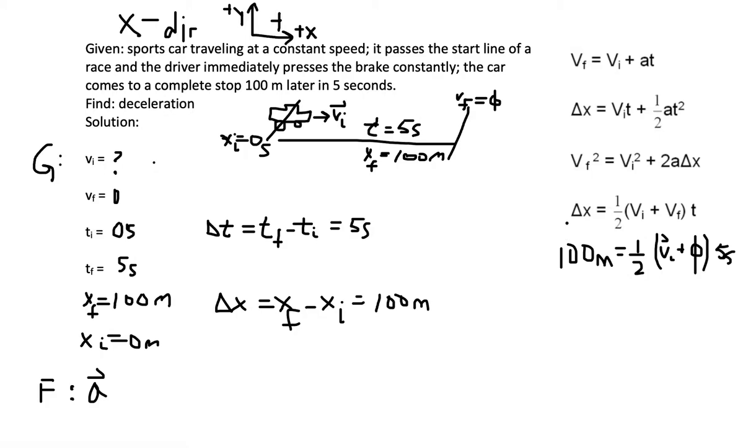We need to multiply both sides of the equation by 2 and divide by 5 seconds. We have to do the same thing to this side. So 2 times 100 is 200. We just carry the meter through and divide by 5 seconds.